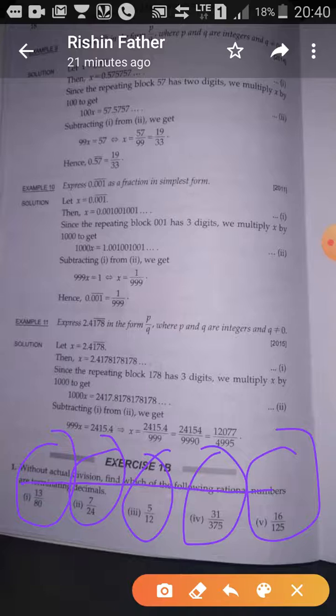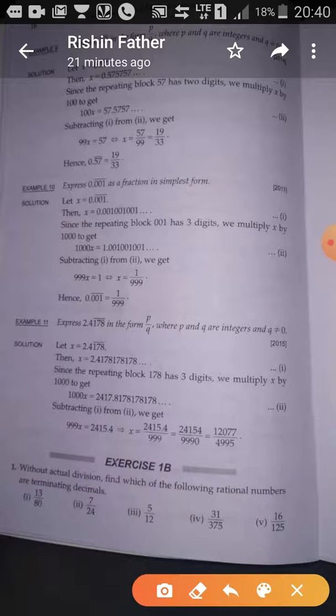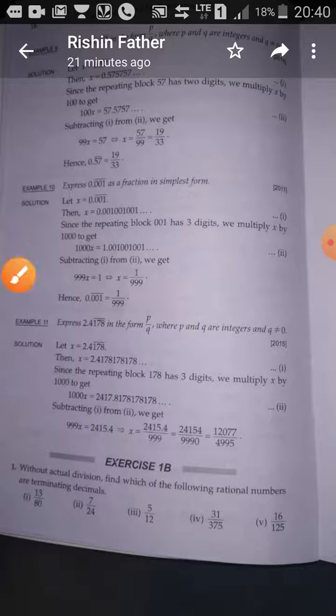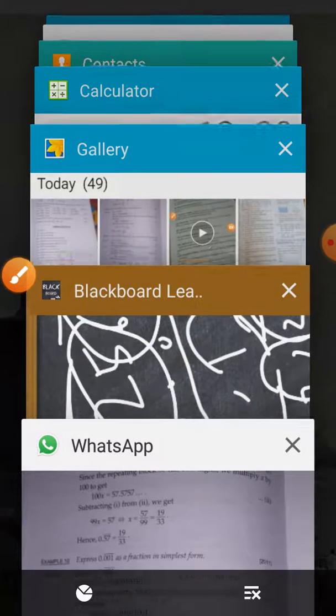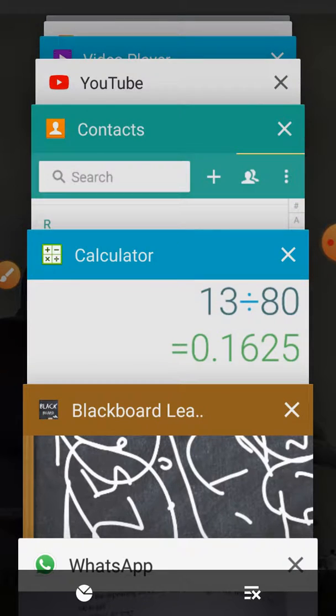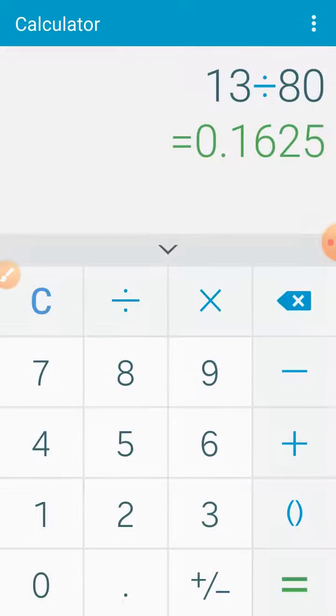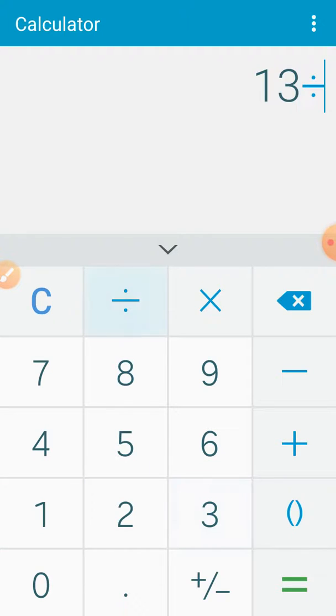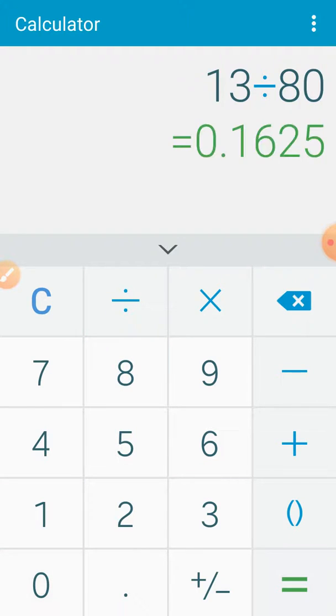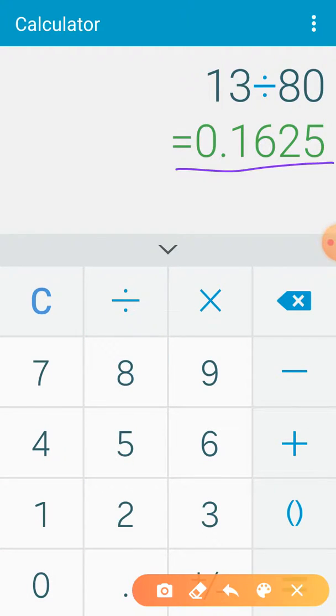But without actual division means you can't divide and show it to the teacher. For example, let's look at the first one, 13 by 80. If we divide this, 13 divided by 80 is equal to 0.1625.